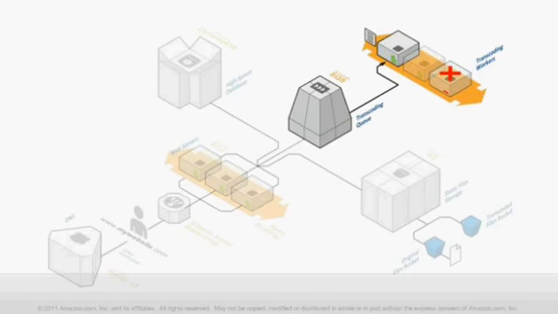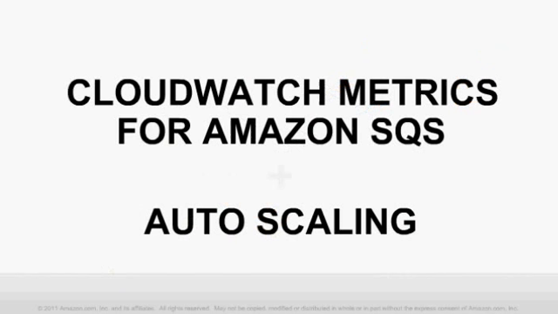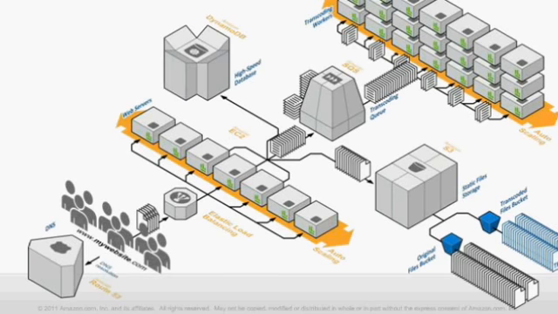Well, what about scaling for a back-end process? How do I scale a back-end process? Well, you also have the ability to scale out your fleet in EC2 based upon CloudWatch metrics from Amazon SQS. So you can use Amazon SQS CloudWatch metrics and auto scaling to scale out your tier. So let's say your transcoding queue is just receiving a ton of requests. We've got tons of videos to transcode.